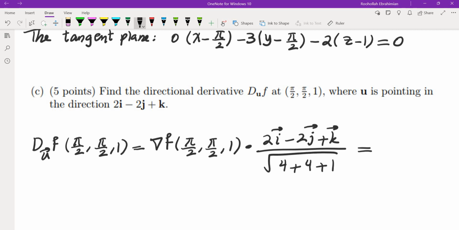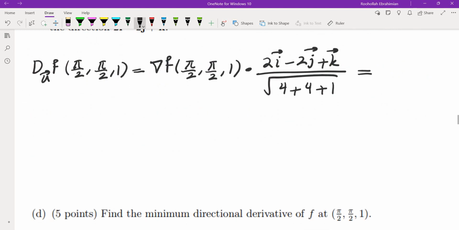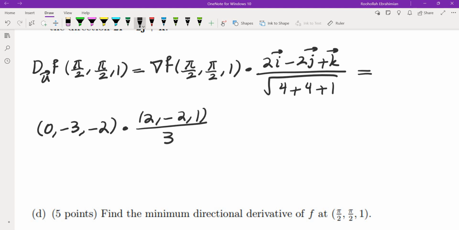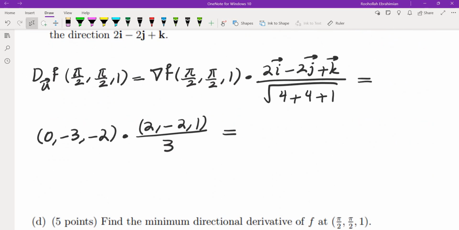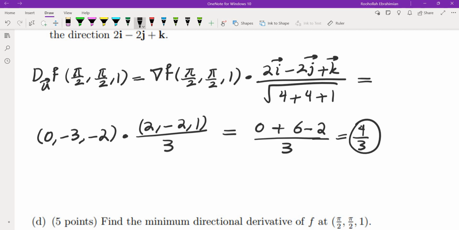Now, we already evaluated the gradient. The gradient was 0, negative 3, negative 2. We'll have to take the dot product of that with 2, negative 2, 1. We will perform the operation, but we don't need to simplify. They did not ask us to simplify. So this would give us 0 plus 6 minus 2, all over 3. So 4/3. That would be our answer.